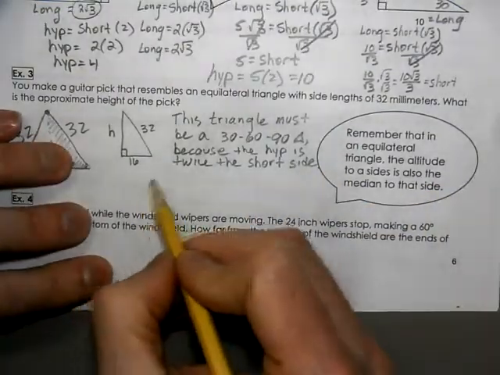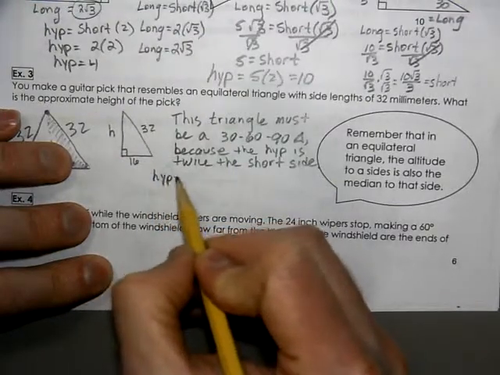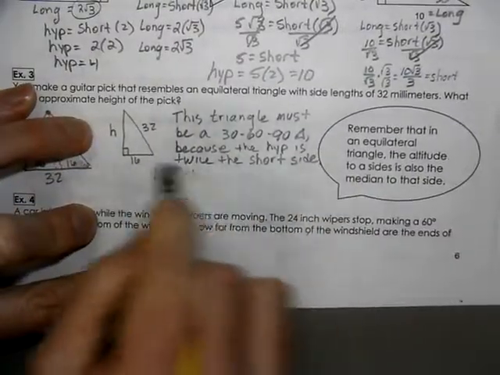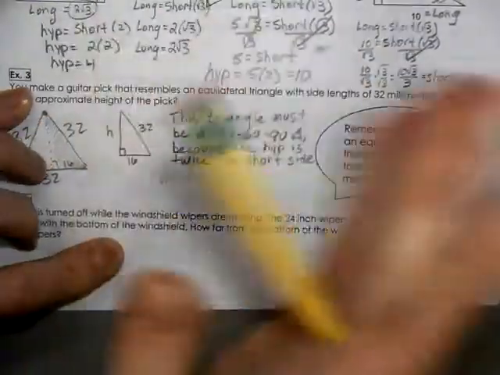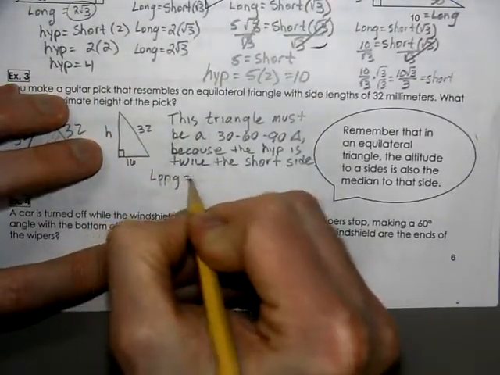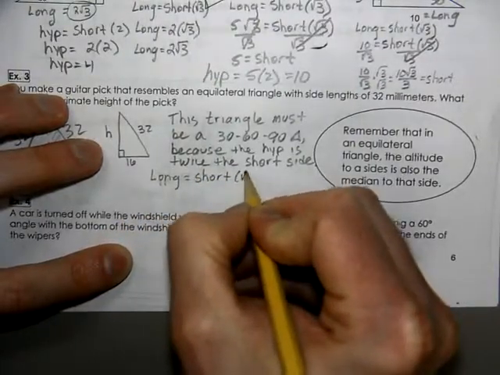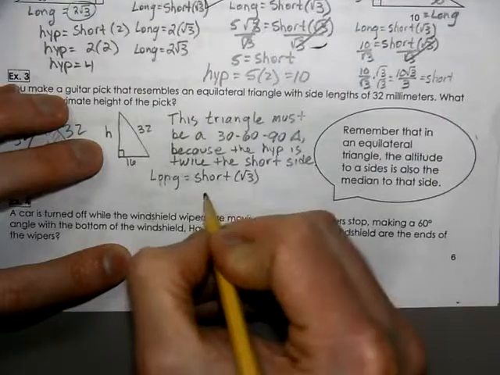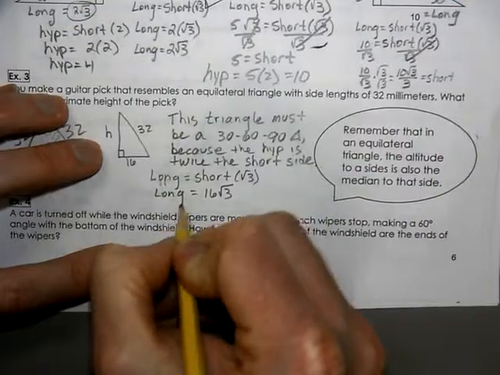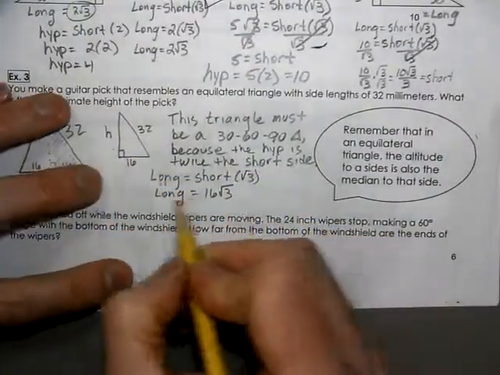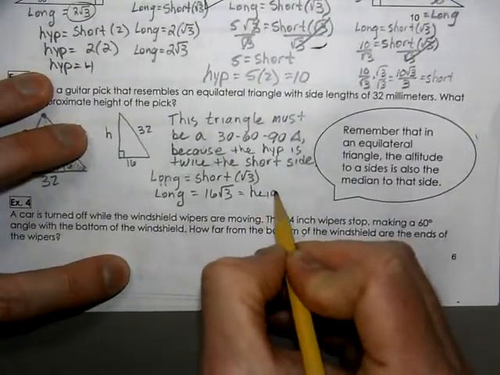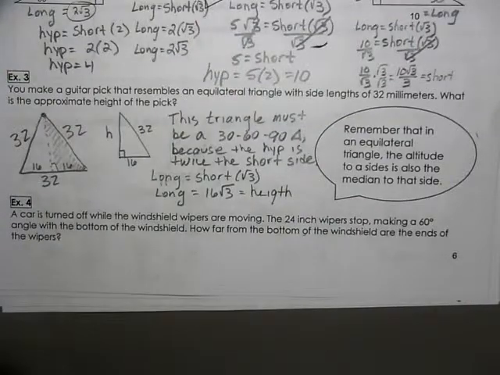So if it's a 30, 60, 90 triangle, then we say hypotenuse equals the short side times 2. We know that one, sorry. What we don't know right now, perhaps, is what the long side is. The long side equals the short side times root 3. Well, the short side is 16 times the square root of 3. That equals the long side. So the long side is representing our height. So that is the height of the triangle.